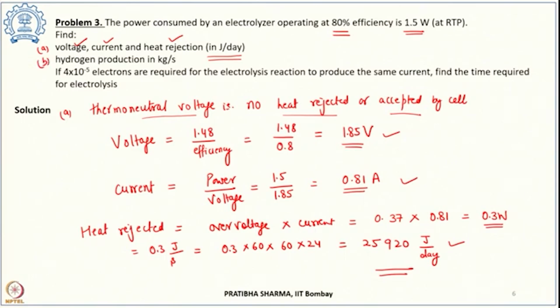Now, the second thing which is asked is the hydrogen production, how much amount of hydrogen is being produced in units of kg per second. So, let us calculate that part. In part B we have to calculate the amount of hydrogen being produced.